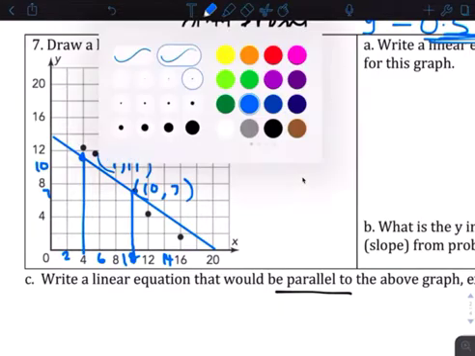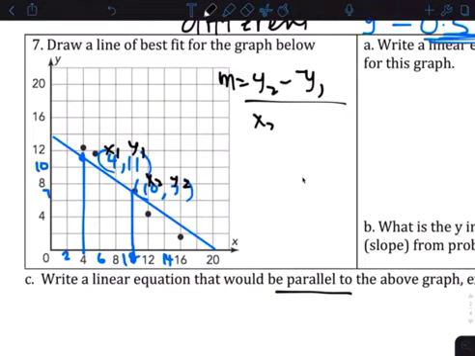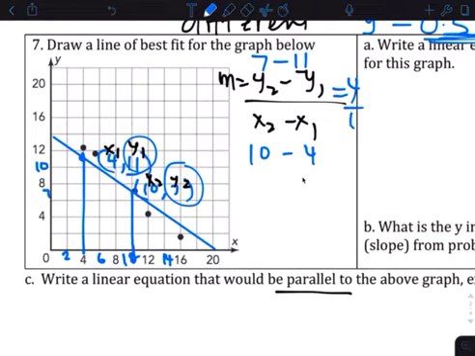Okay, so this is x sub 1, y sub 1, x sub 2, y sub 2. So m equals y2 minus y1 over x sub 2 minus x sub 1. Seven minus 11, which is negative 4, and then 10 minus 4, which is 6.